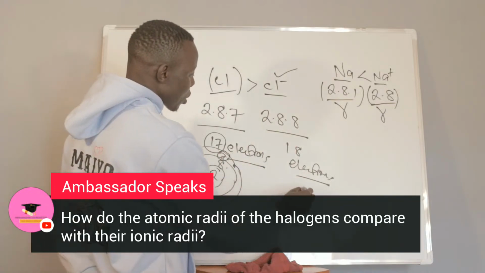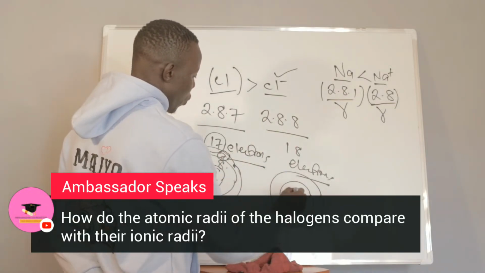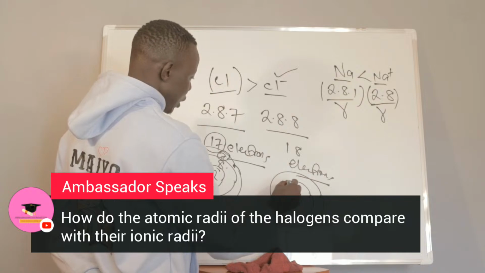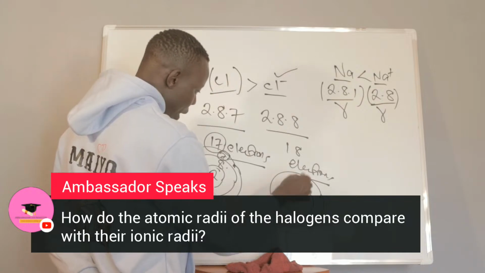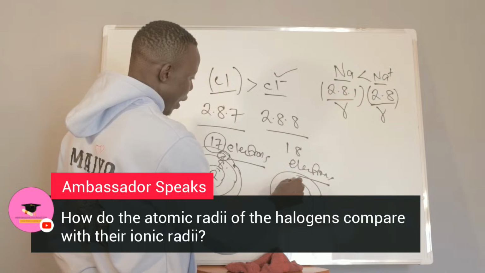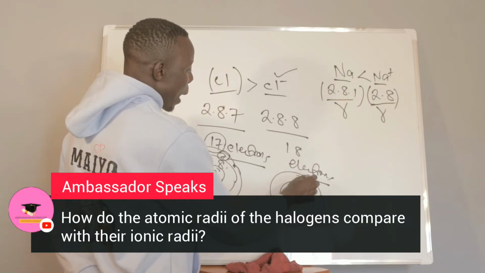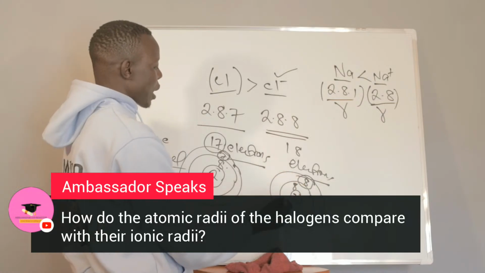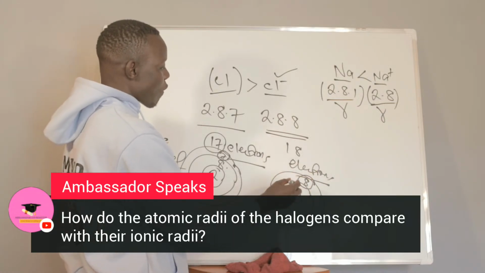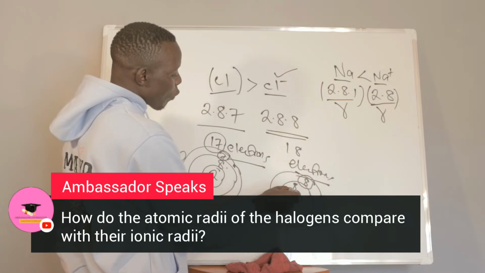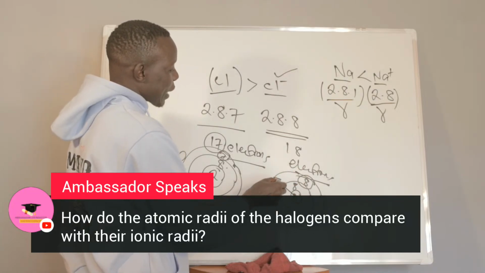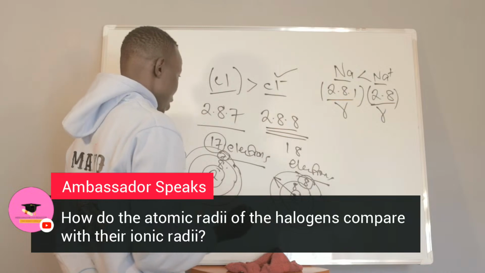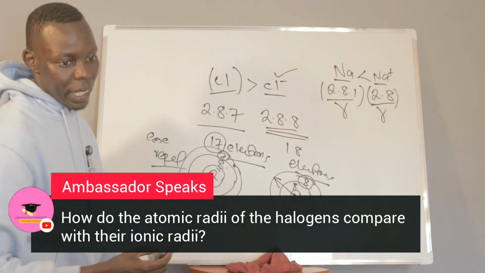the outermost energy level has 2, then 8, then 8 around the nucleus. Now, there is an increased repulsion between the gained electrons and the existing electrons. Therefore, the outermost energy level moves far away from the nucleus. That is why the ionic radius of chlorine is larger than the atomic radius.